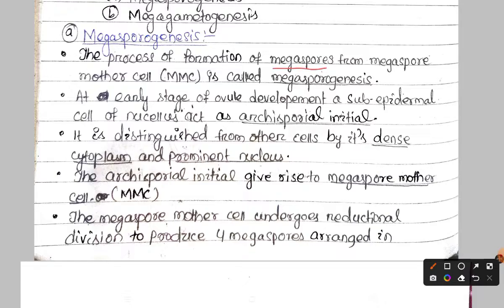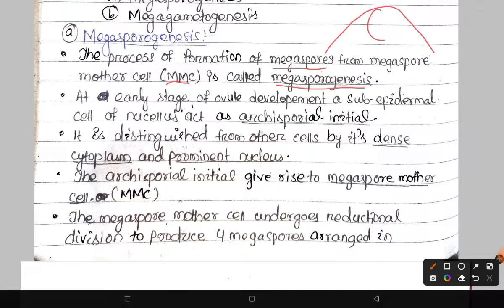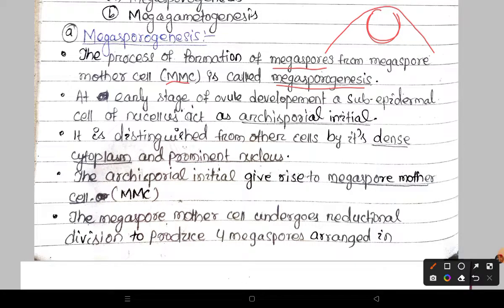Initially, some of the hypodermal cells of the nucellus act as archesporial initials. The archesporial initial differentiates from other cells by means of its dense cytoplasm and prominent, large nucleus. The archesporial initial gives rise to the megaspore mother cell.